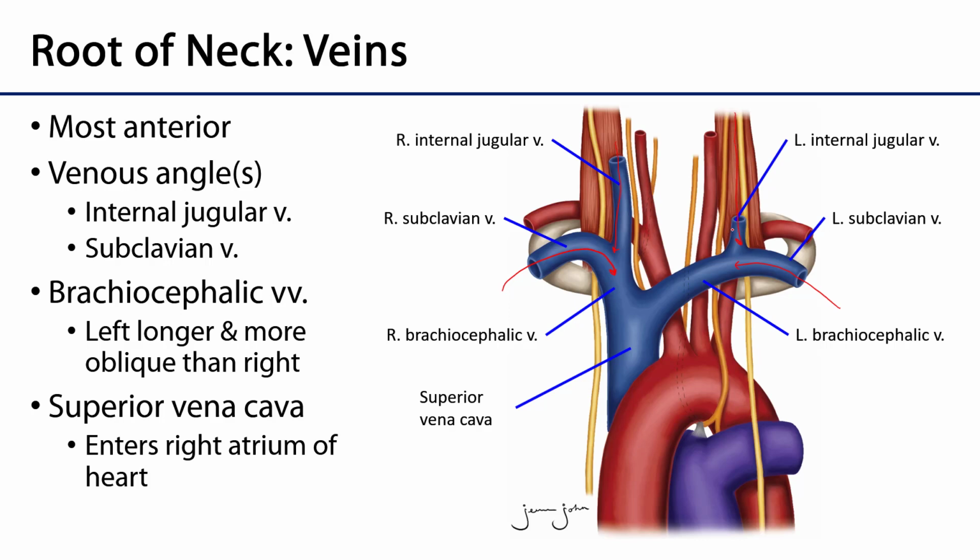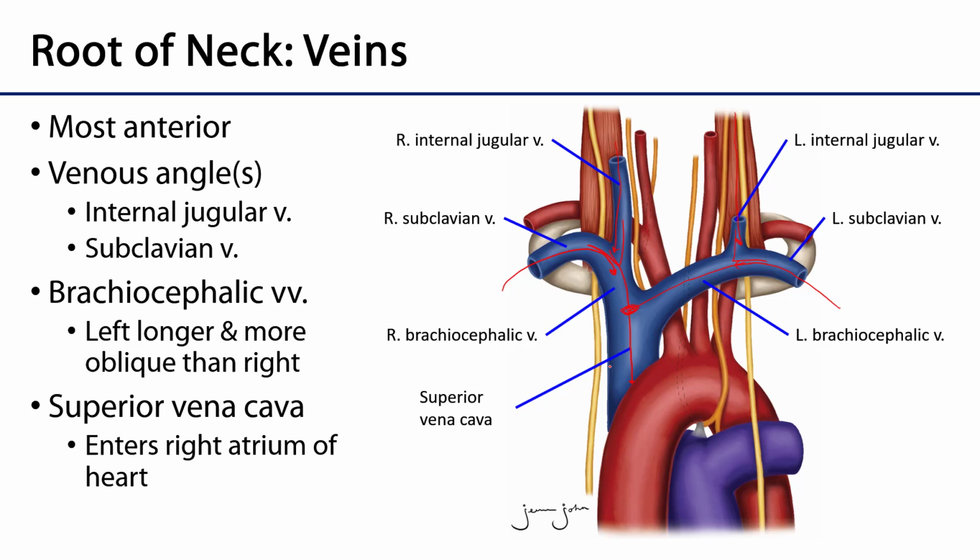And where these meet are the venous angles. The venous angles are the beginnings of the brachiocephalic veins. Right is short and more vertically oriented. Left is long and more obliquely oriented. And these brachiocephalic veins come together to form the superior vena cava, which then travels into the right atrium, delivering relatively deoxygenated blood back to the heart so that it can send it out to the lungs for oxygen.